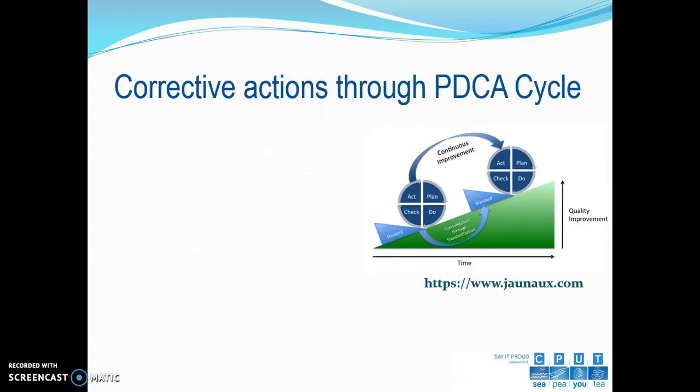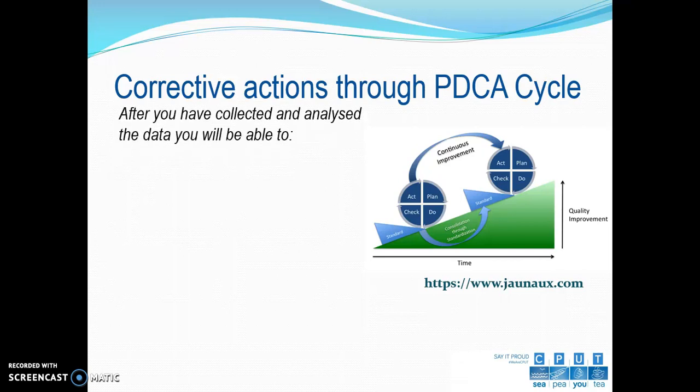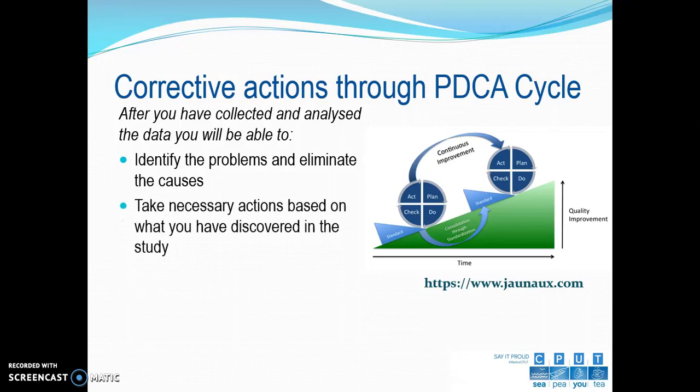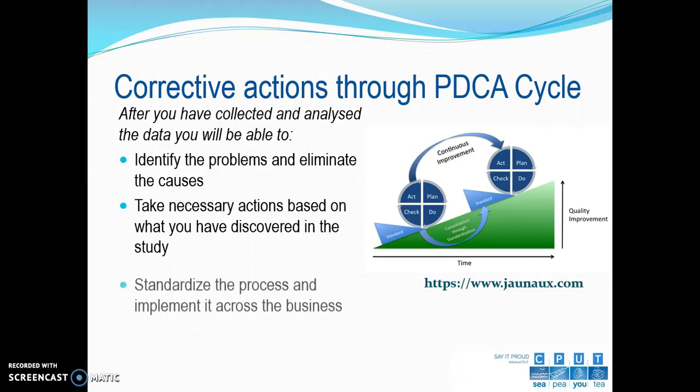Corrective actions through the PDCA cycle. After you have collected data and analyzed the data, you will be able to identify the problems and eliminate the causes. Take necessary actions based on what you have discovered in your study.